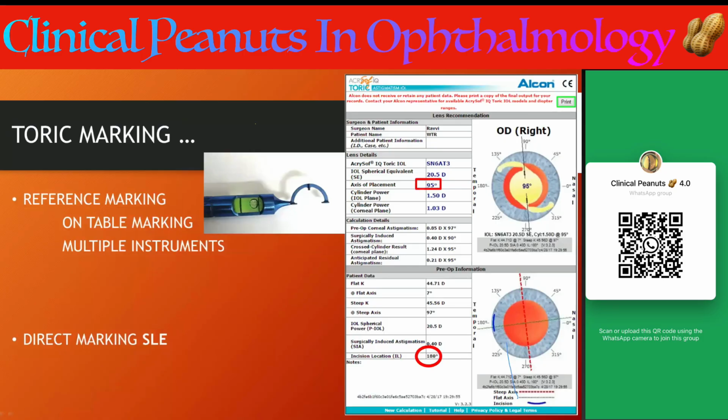There are two ways you can do marking. In reference marking, you mark at 0, 180 and 90, and then on the table you'll have to finally mark the alignment axis, the axis of incision and the area of incision. Here you will require multiple instruments, or you can go directly on the slit lamp. You can mark directly the alignment axis, and you can put the axis of incision also.